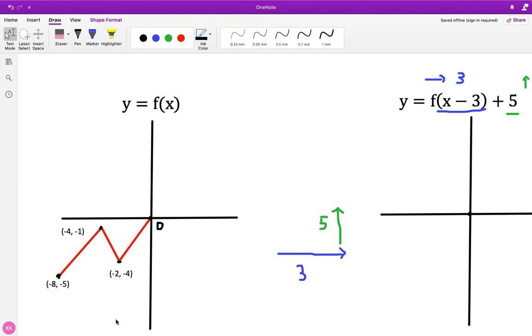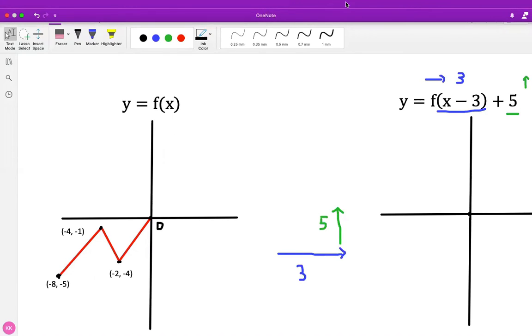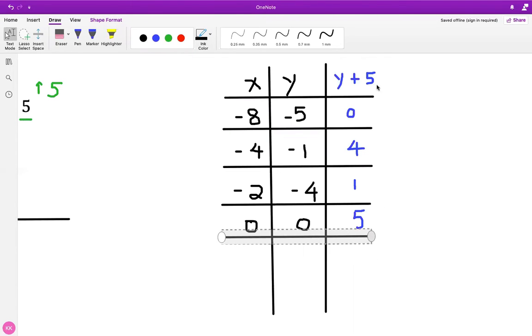The x value remains the same, but the y value changes. So I add 5 to the y coordinate to get the new coordinate for each point. The last column shows the new coordinates after shifting 5 units upwards. Negative 5 plus 5 gives 0. Negative 1 plus 5 gives 4. Negative 4 plus 5 gives 1. 0 plus 5 gives 5. These are the new y coordinates.